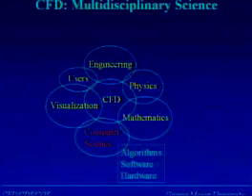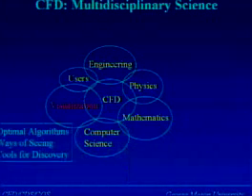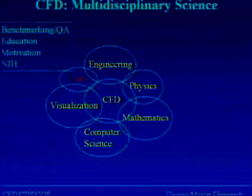Then we have to code this. So that brings up algorithms, software, and hardware. Then we have to visualize the results. And it's not just ways of seeing and optimal algorithms, but really trying to take this to a higher level so that these can be tools of discovery. And then finally, we have the users.